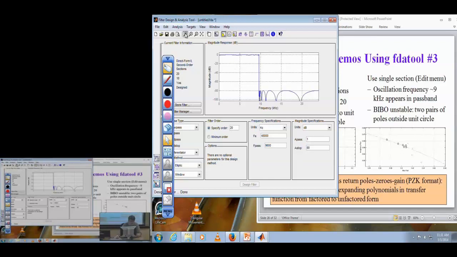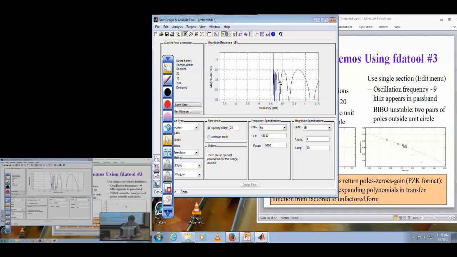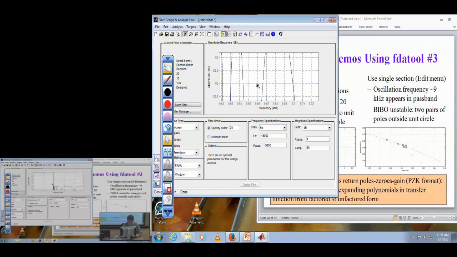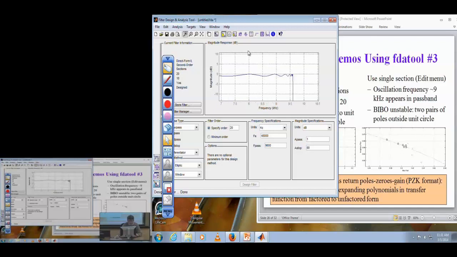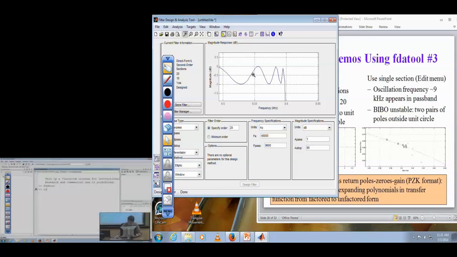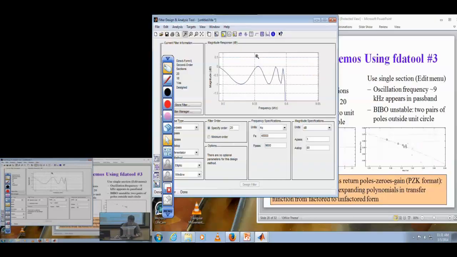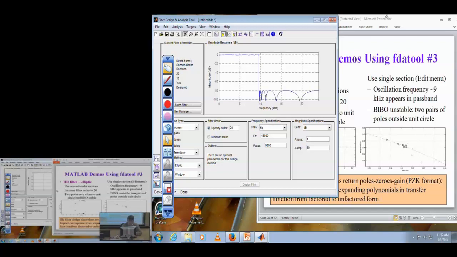That's not so bad, just some wiggle in there, some oscillation. So 20 is actually not too bad. 20 is doable. I'll break it with a little more order, I think.